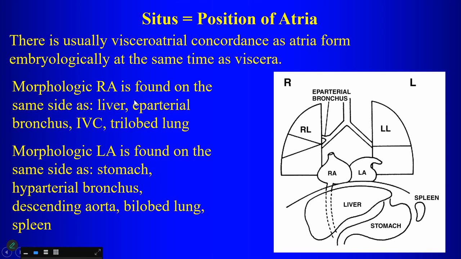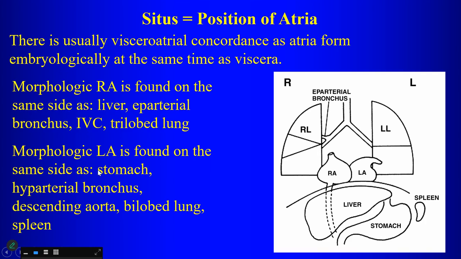So the right atrium is found on the same side of the body, usually, as the liver, the eparterial bronchus, and you're going to have to know what those terms mean because these are very nice examination terms. The IVC and the trilobe lung. Right? So the morphologic right atrium is usually found on the same side of the body as those.